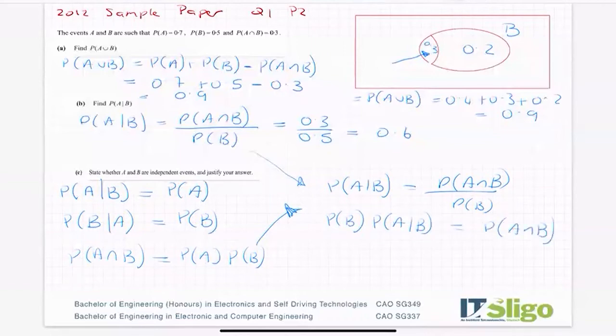Okay, now remember, if they're independent events, the probability of A given B is the same as the probability of A. So it's the probability of B by the probability of A is the intersection. So you can see they all come from conditional probability, and that makes sense because remember what the definition of independent events is. The outcome of one event has no bearing on the outcome of the next event.